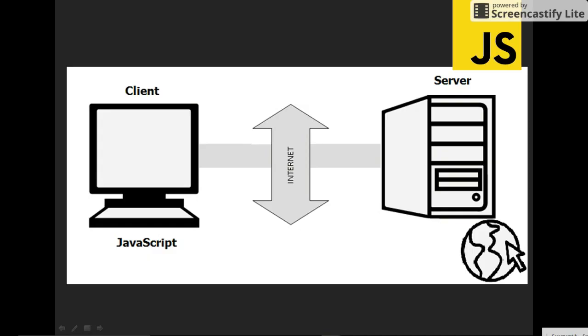At the basic level, JavaScript is used to perform logical operations and use programming logic on the client side. Client side means on your computer. If you are viewing any website and you are performing any logical operation that needs programming logic, that is governed by JavaScript and runs on your browser.